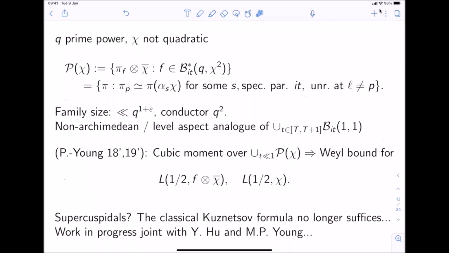I can say either I take the pi which have this particular circle's worth of principal series representations at p, or that's the same thing as taking the representations associated to pi in this space of forms that I understand well, which has a Kuznetsov formula, and twisting them by chi bar. And again, we get this nice thin family situation where the size of the family is q to the 1 plus epsilon, but they have large conductors.